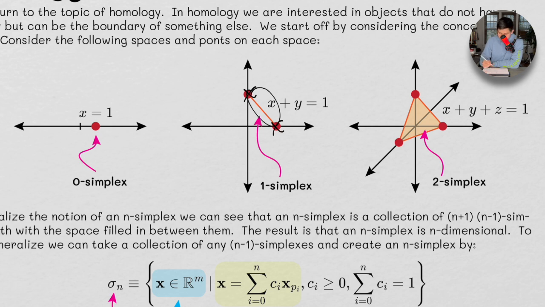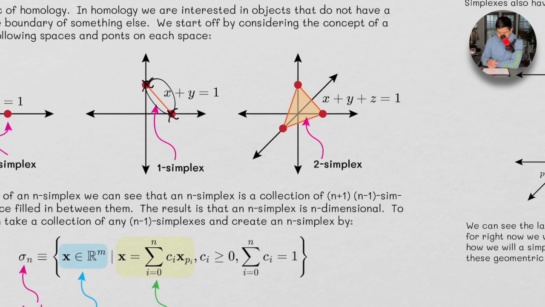This guy here is our 1 simplex. That's the straight line that you could fill between the 2 points. And then we had our 2 simplex. So that 2 simplex is the space that you fill between the 1 simplexes.